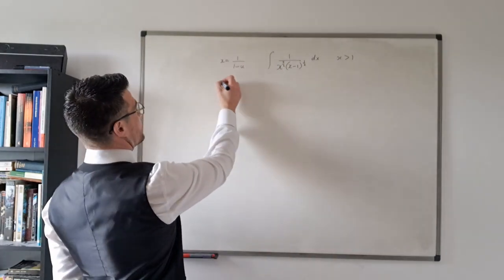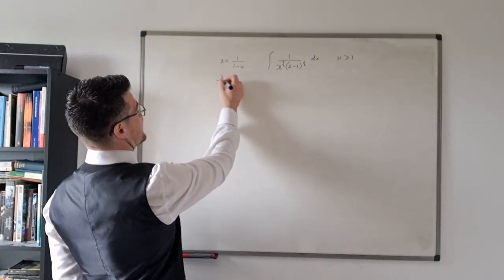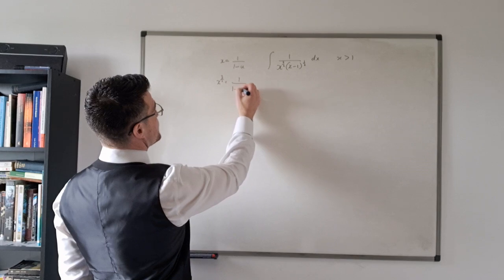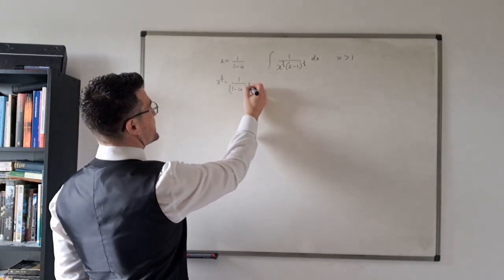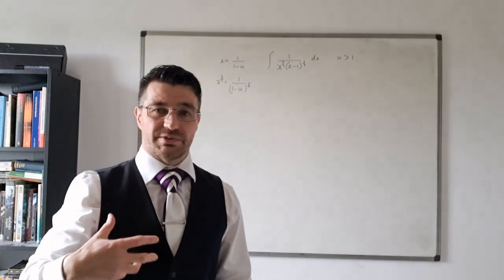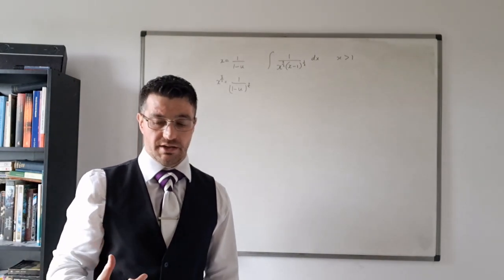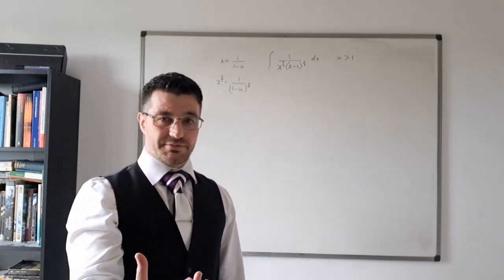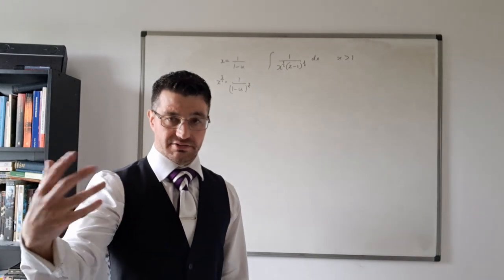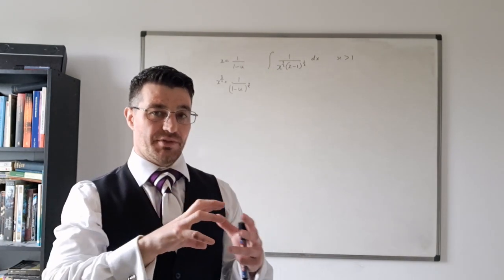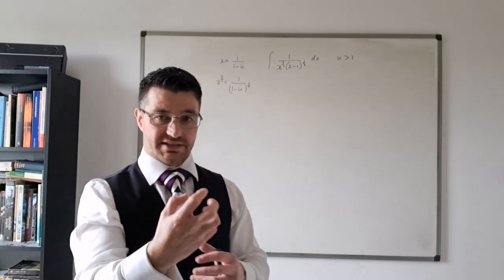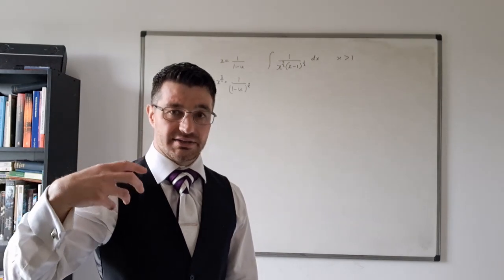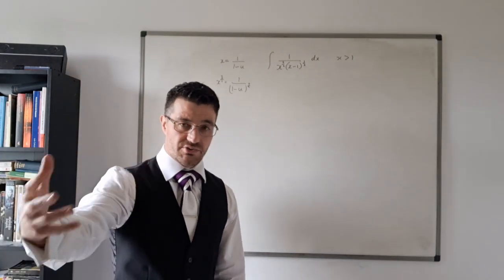So what have we got? We've got x to the power of 3 halves is going to be equal to 1 over 1 minus u to the power of 3 halves. Also, the first part of STEP problems are often establishing some sort of pattern that is maybe built on in the next part of the problem, and then in the final part you're expected to have seen what the pattern is and abstracted it, so that you're able to take it further completely on your own in the third part.